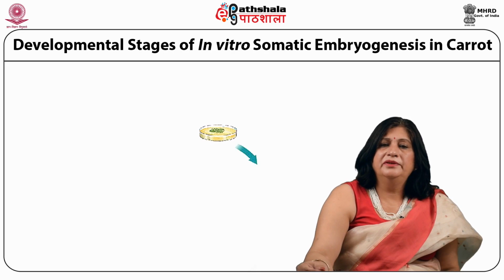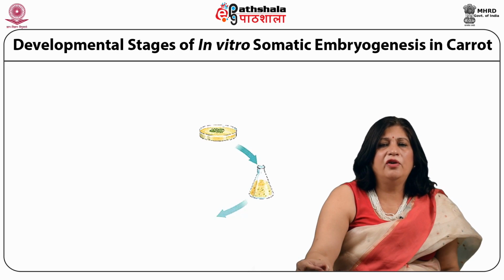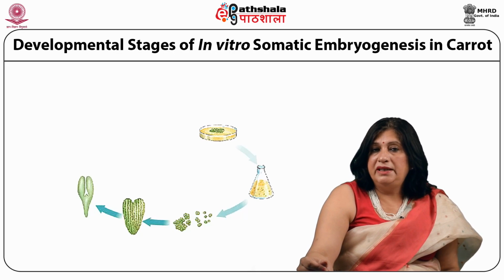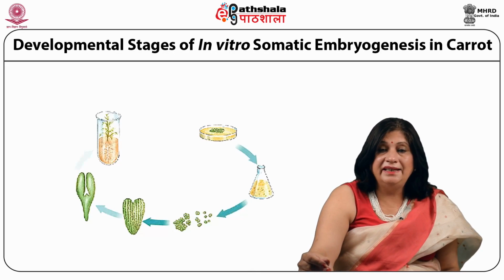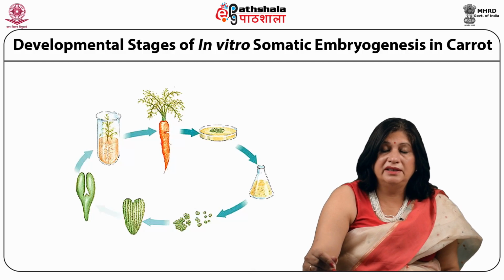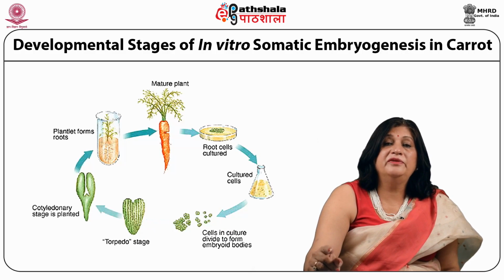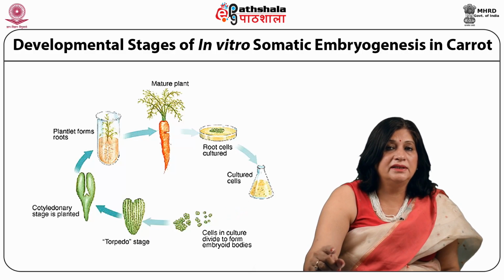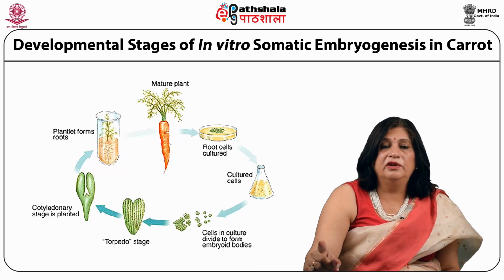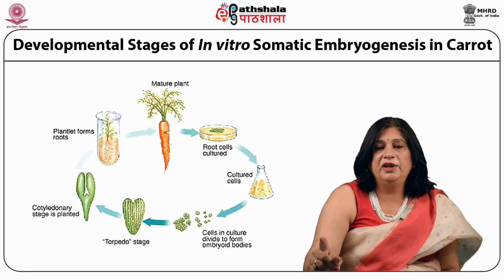This slide shows you development stages of in vitro somatic embryogenesis in carrot. Let me tell you, carrot is the most studied system for somatic embryogenesis. It also happens to be the first system in which somatic embryogenesis was successful in terms of complete plantlet formation.